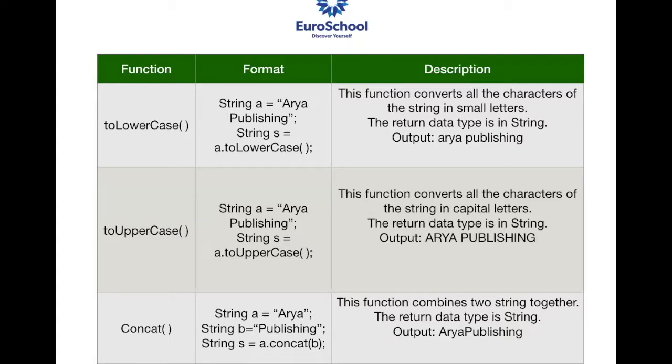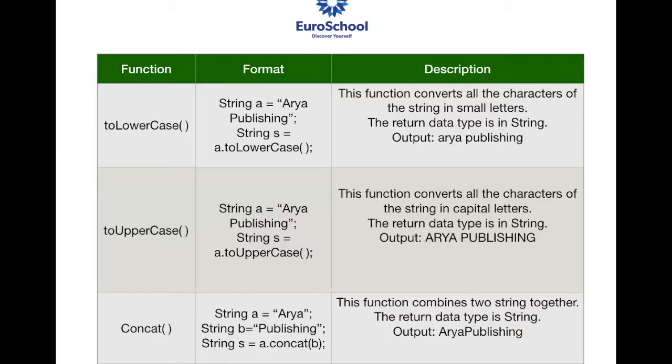The next function is concat. Concat over here is basically for joining. So as you can see, String A equals Arya and B has got Publishing. Now I have separated the two values into different variables, A and B. The function combines the two strings together, and the return data type, as you know, is string because it's joining the two.